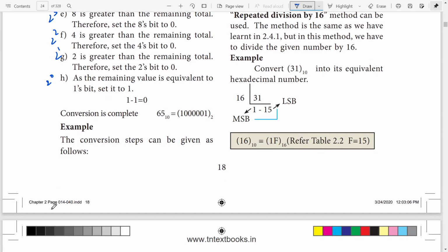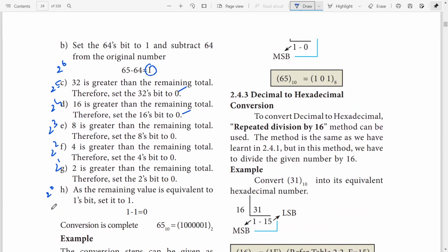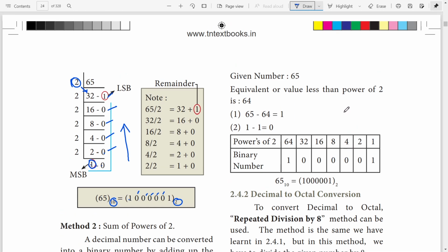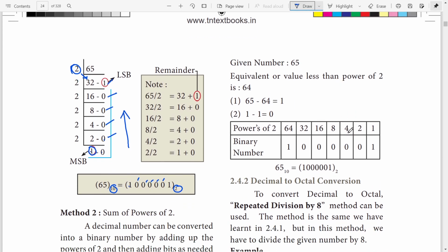The conversion steps can be given as follows. Listen, powers of 2: 64, 1, 32. This can be easily identified. There is also a shortcut method, we will see it.